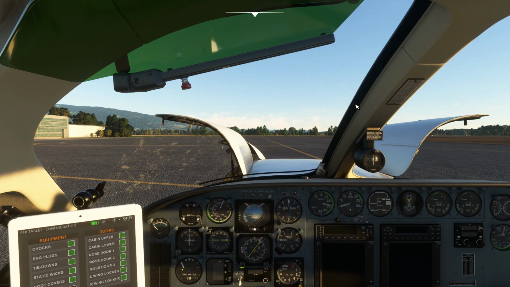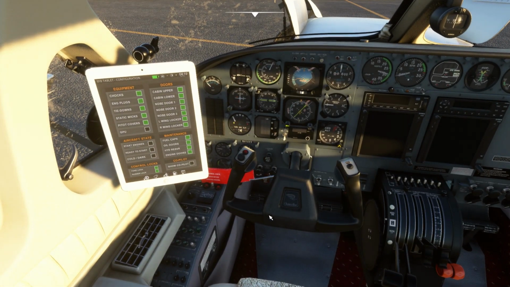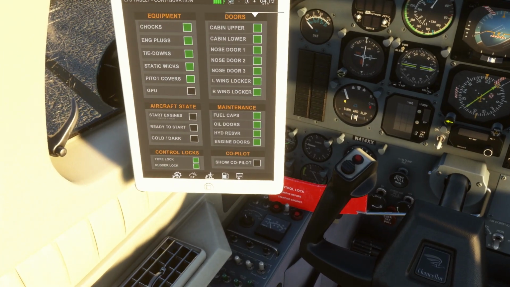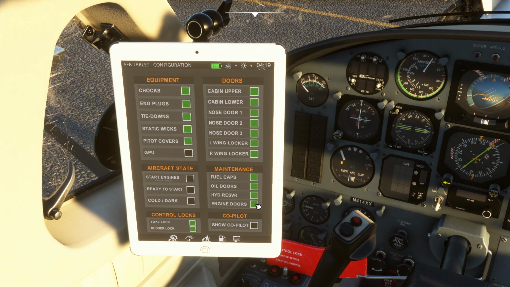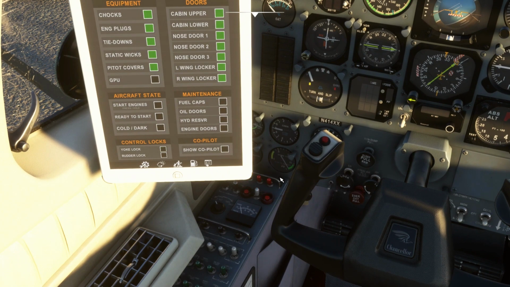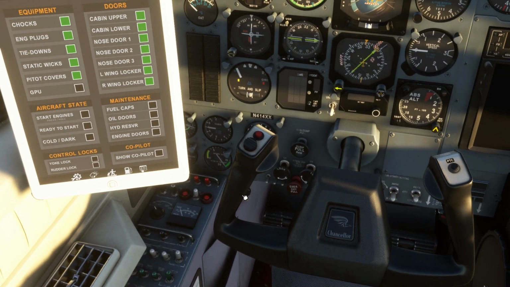Okay, so we're going to close all these maintenance doors. The rudder lock should be unlocked, and the yoke lock should be unlocked.